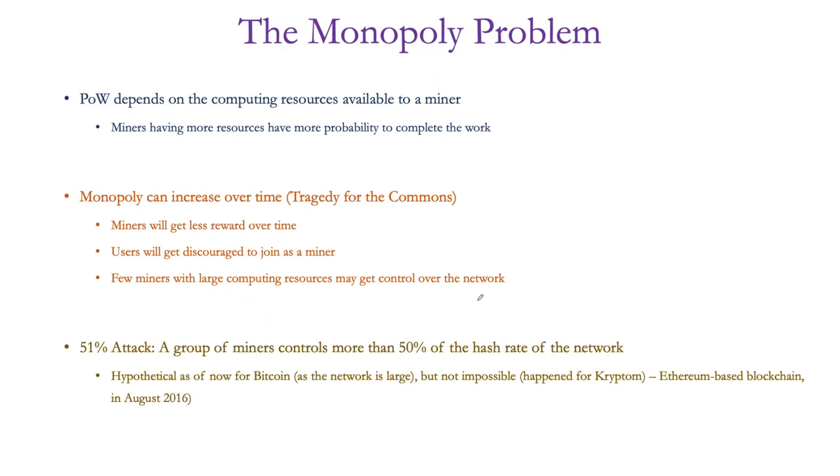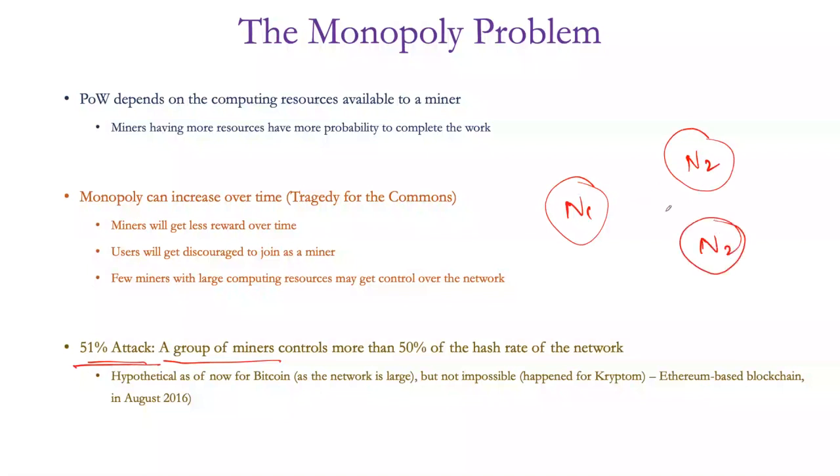So what is the solution? As said, the 51% attack, that is a group of miners, we call them black hat attackers. Also, there are active attackers. They become one group. As said, because there is no long-term identity, a single user may create new users with new identities, but all these three nodes will be controlled by one person, and they have more resources, so they become the miners in the network.